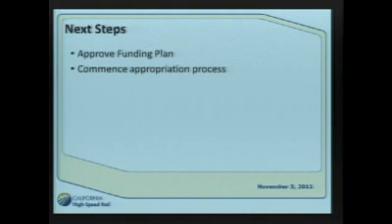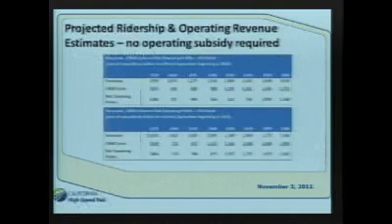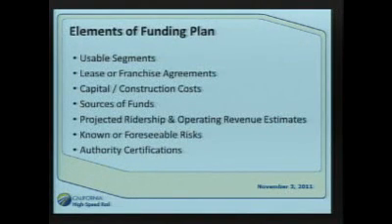So, Mr. Chairman, members, the details, the data of the funding plan is available to you, in the binders. Each one of the sections that was on the first slide has been commented to: the usable segment, lease and franchise agreements, capital construction costs, sources of funds, projected ridership, known and foreseeable risks, and authority certifications.